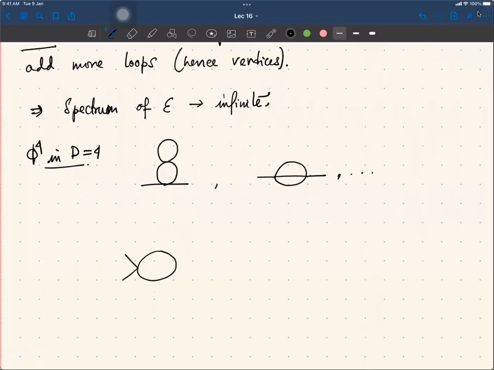This is your primitive graph, and then you can add a loop like this, or you can add a loop like this. So in all these cases, these are going to be quadratically divergent, and these are going to be logarithmically divergent.